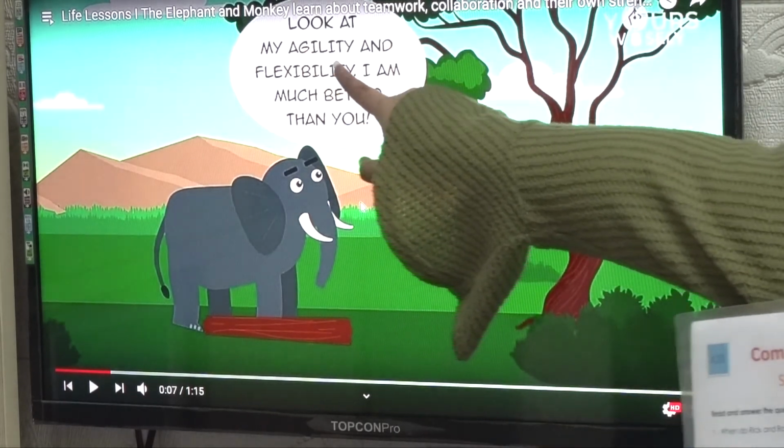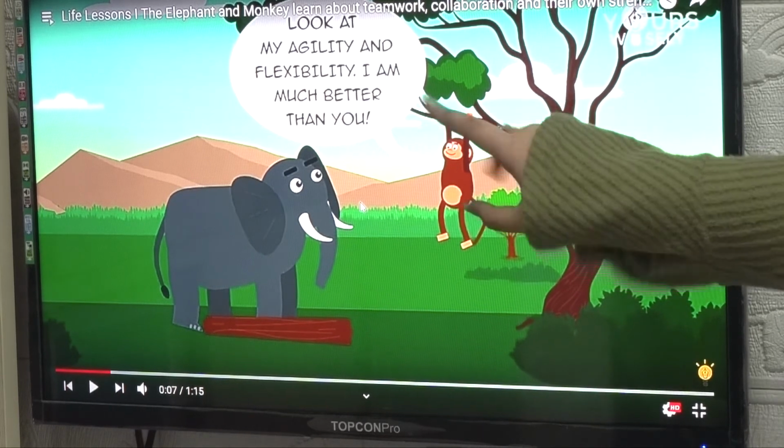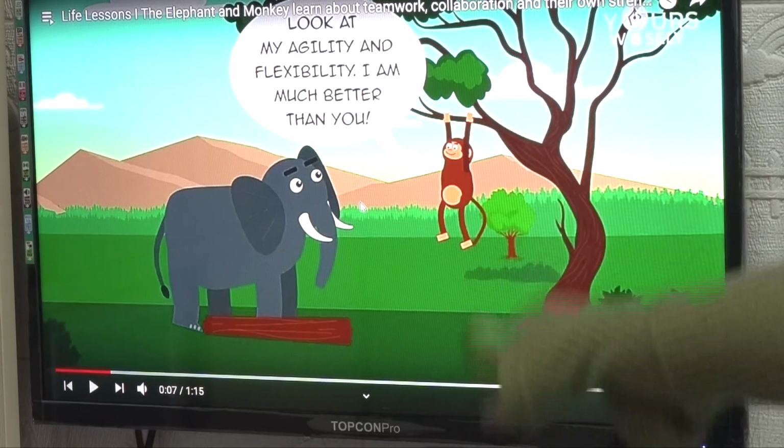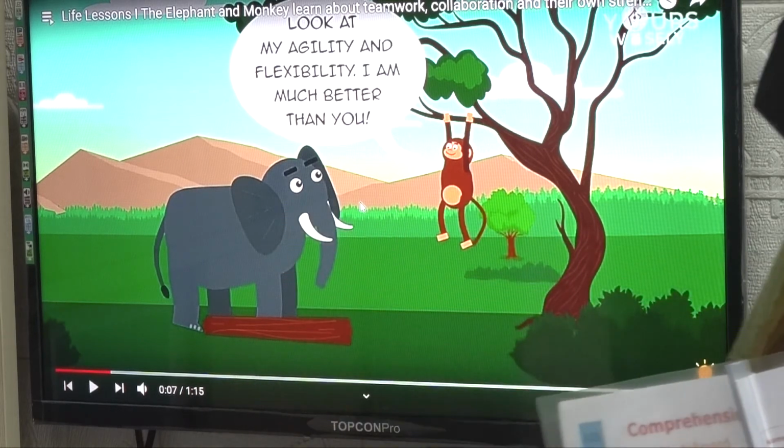Do you know what flexibility is? He can climb on the tree, right? It means he's very flexible. If you're too heavy, if you don't do much exercise, you can't even stand on that, right? So he told the elephant, I am much better than you.